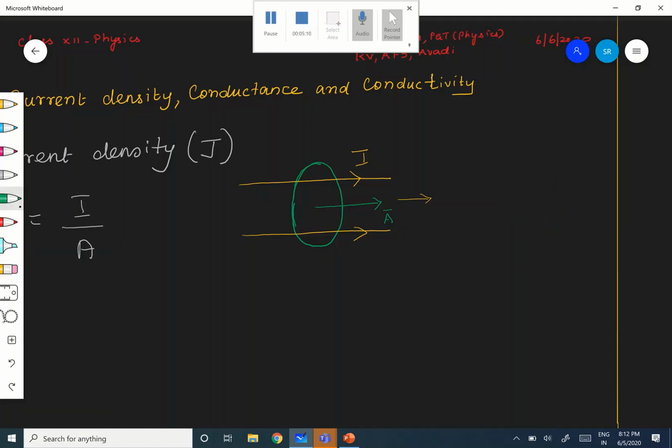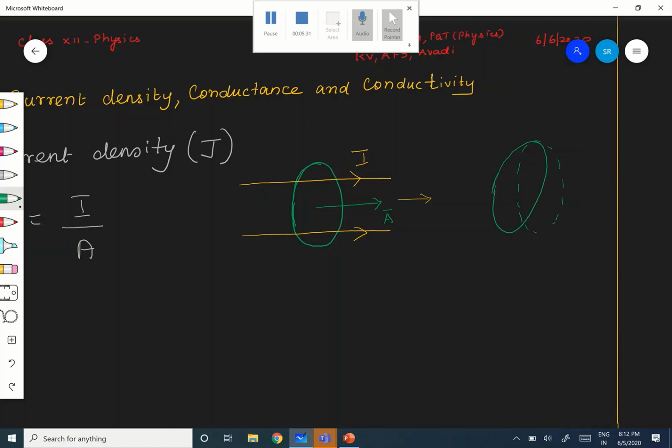This is the previous area that we have taken. Now I am slightly tilting the area of the conductor, the area of cross section, like this.